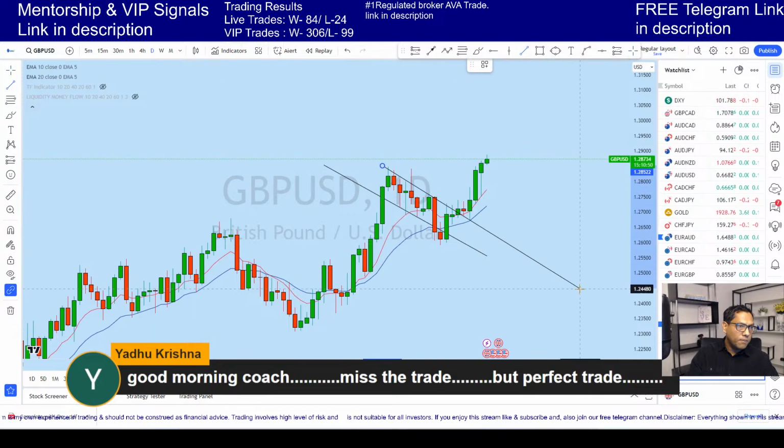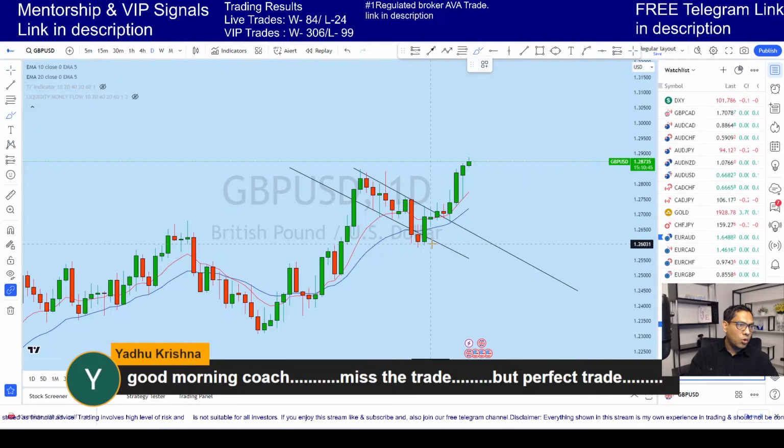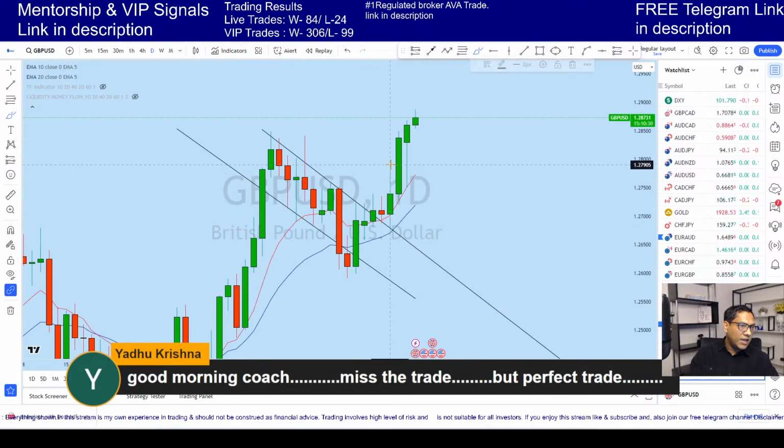Now this bull flag has broken the support, grabbed liquidity, and then we saw the price break to the upside again. Now this is the daily candle, which is a typical middleman.